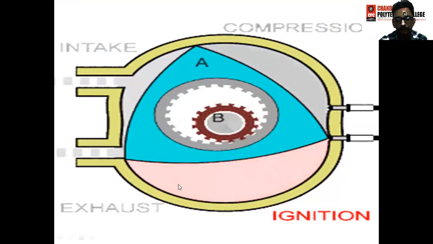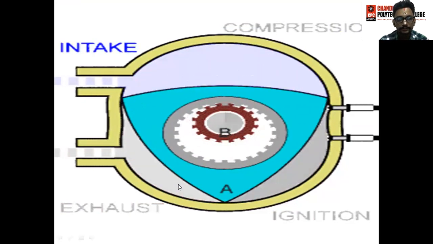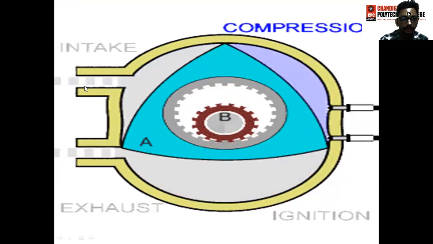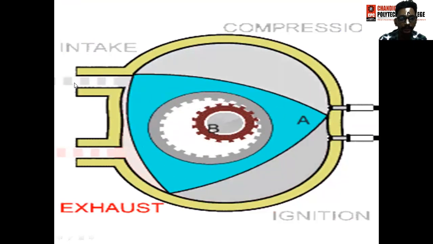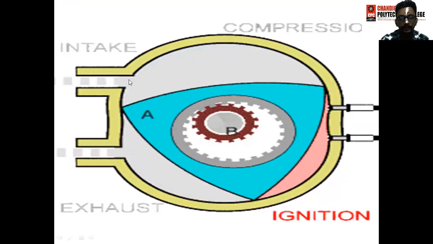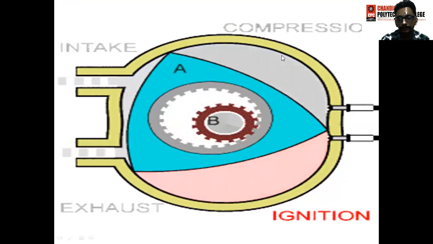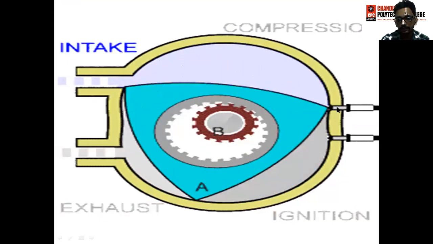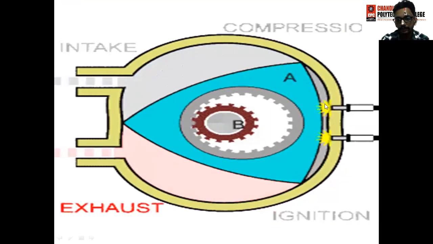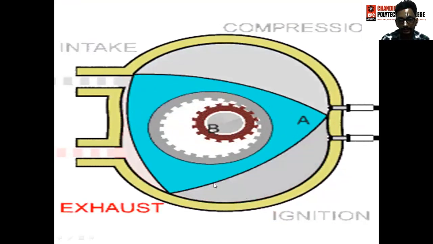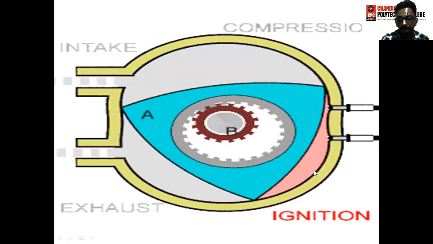This is a diagram or short video of the Wankel engine process. In the first stage, intake, the mixture enters the intake port. The second process is compression, and this is the installation of the spark plugs. After compression, the spark plug ignites and the gases are heated by the ignition.